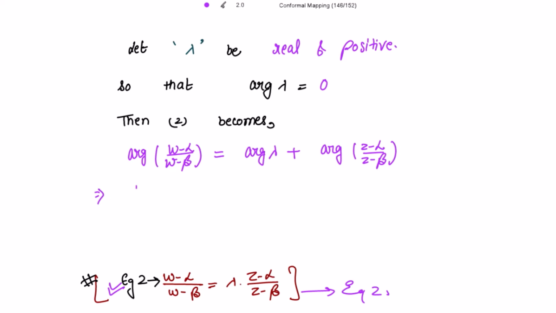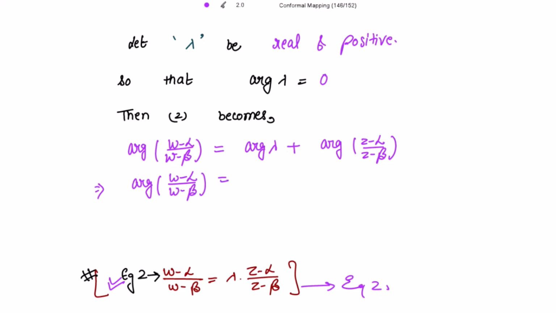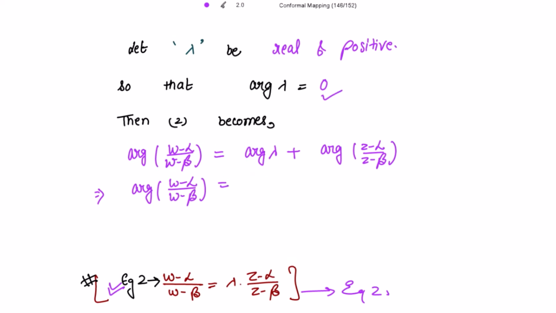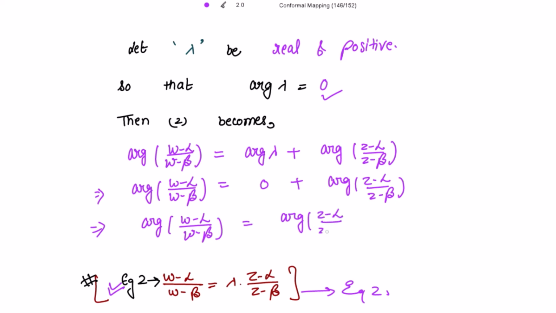So this implies argument of w minus alpha over w minus beta is equal to 0 plus argument of z minus alpha over z minus beta. This implies argument of w minus alpha over w minus beta is equal to argument of z minus alpha over z minus beta. This is the condition when we are having the two finite fixed points in hyperbolic transformation, right?